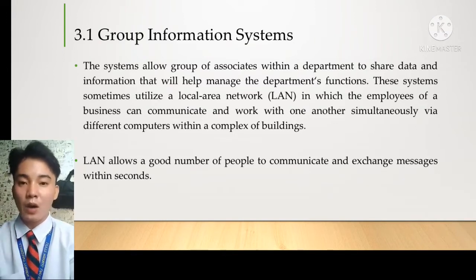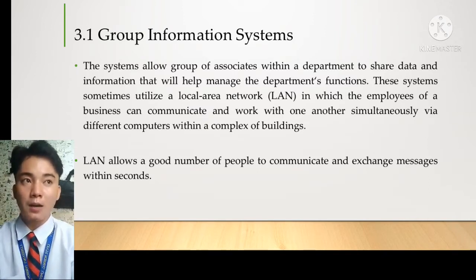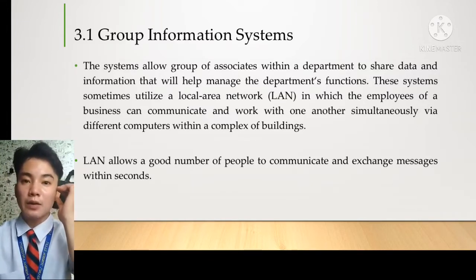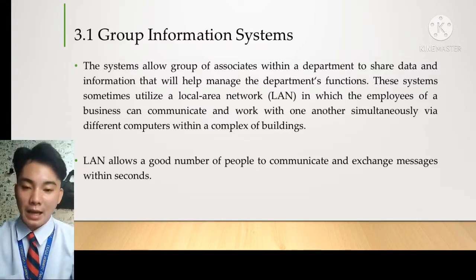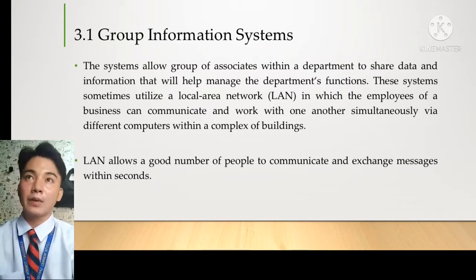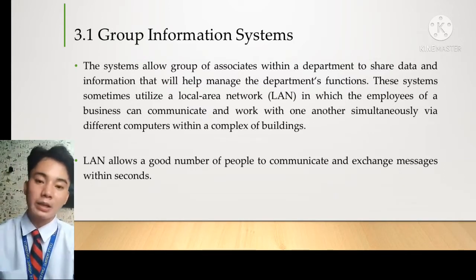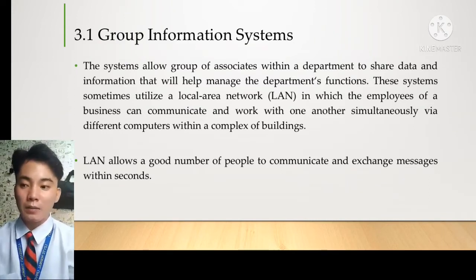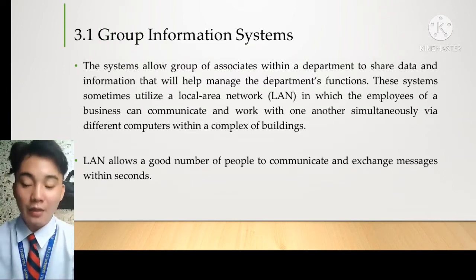LAN and WAN are often mixed together, so we have confusion between WAN, wide area network, and local area network. For an instance, a LAN would be just one house with one PC inside, or let's say one building, XYZ Hotel, Ironwood Hotel, and another hotel.